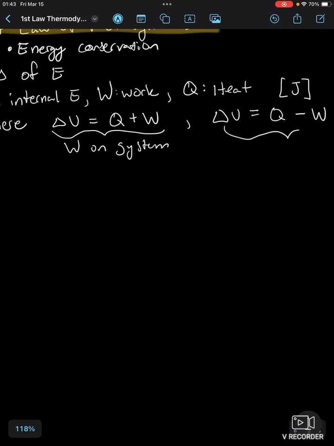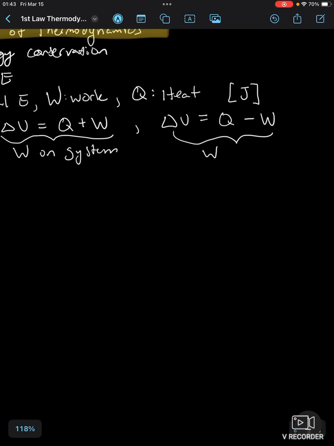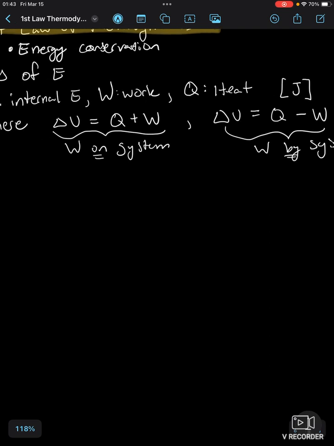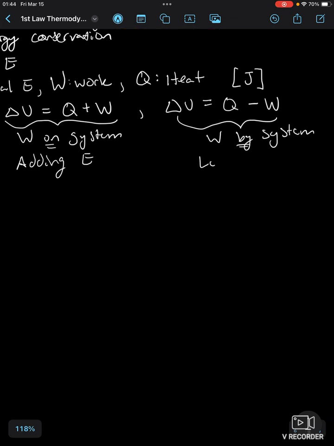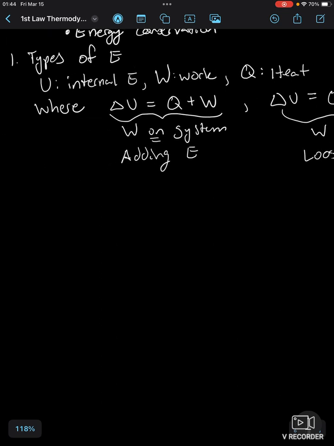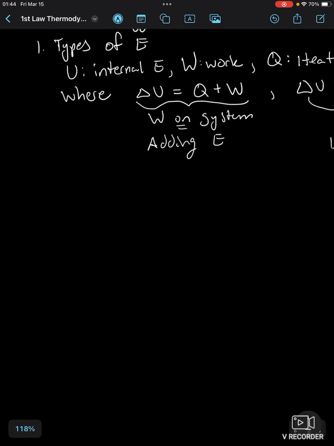And this is going to be work by the system. It's a bit of a weird concept, but essentially this is adding energy. This is when it is losing energy. But we will get further into this.